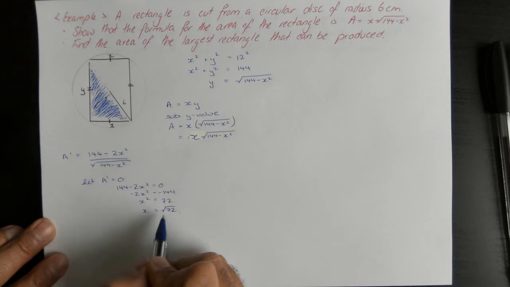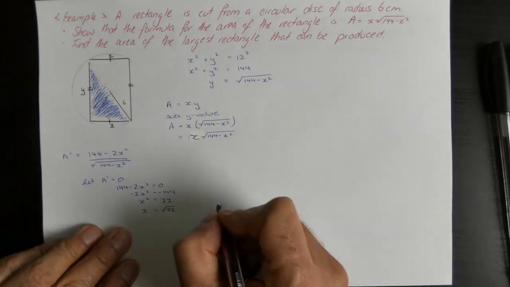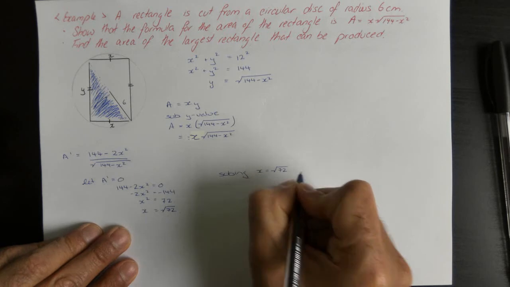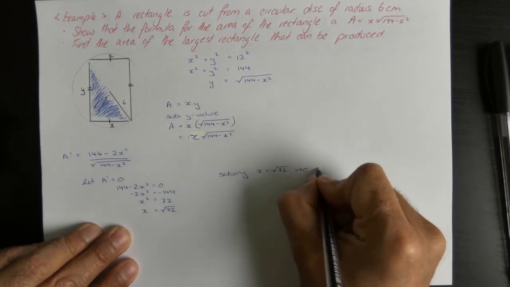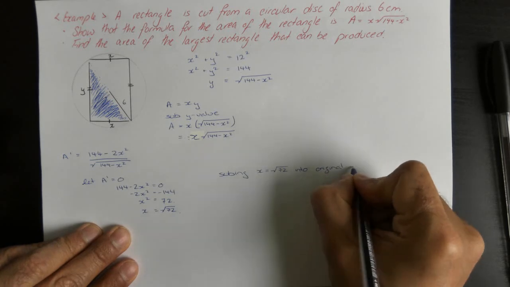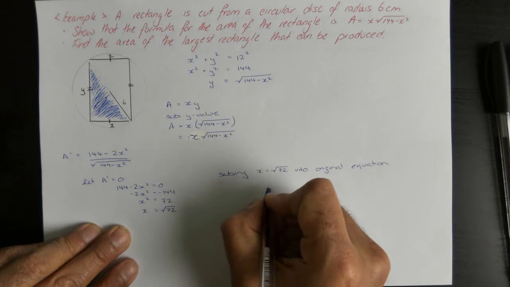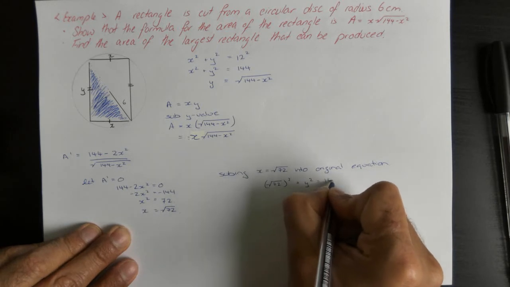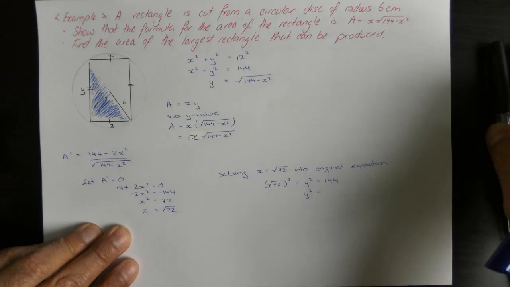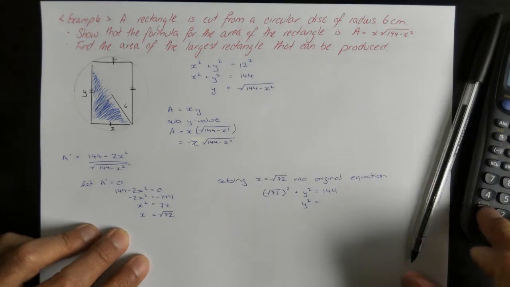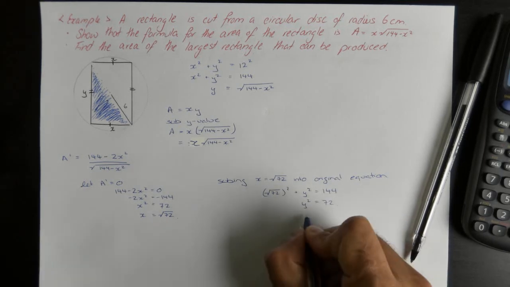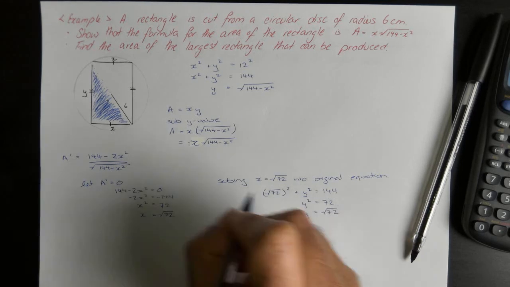Alright, using this back into this situation, subbing x equals root 72 into your original equation, we're going to find the largest area.